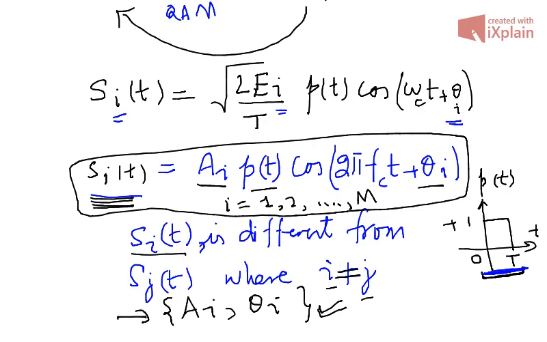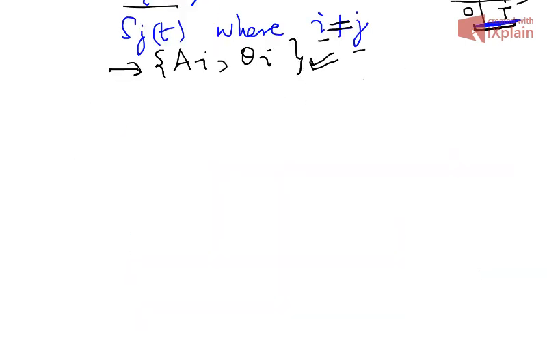Now if you recall your concept of signal space, we can rewrite our Si of t.